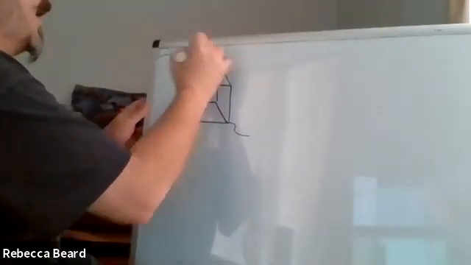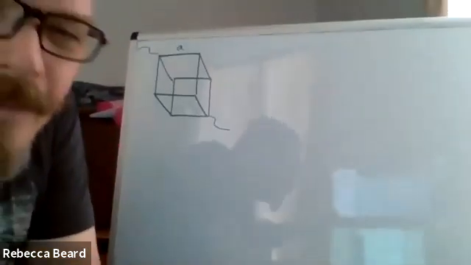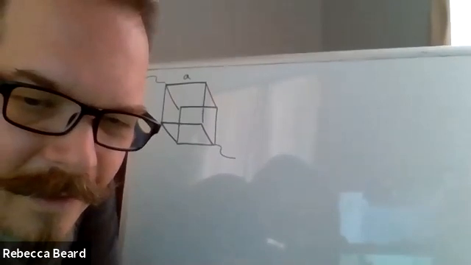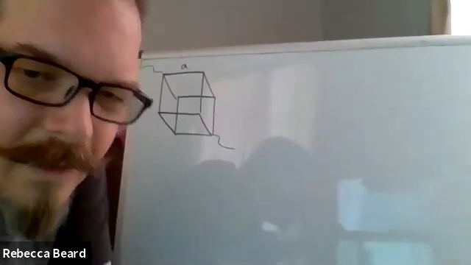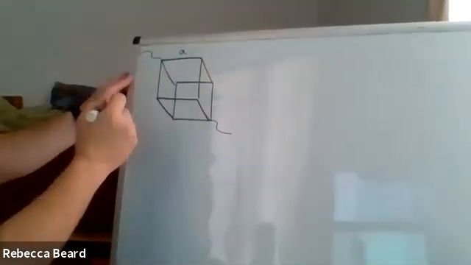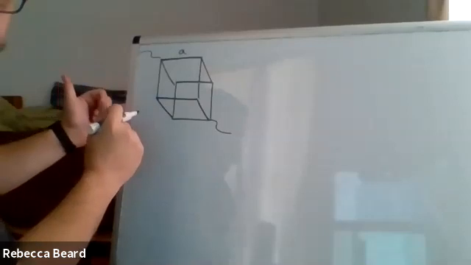So this one is A. Let's see. B, C. Okay. Whoops, I turned my cube that way. They turned it the other way.